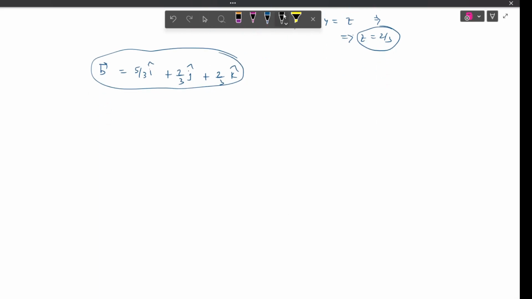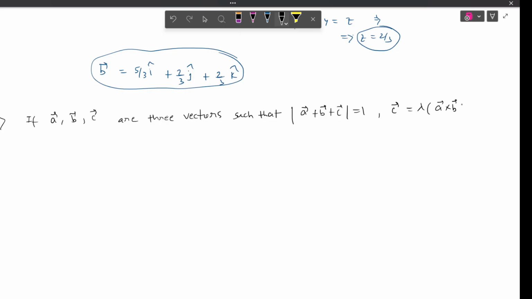Let us say this is our last question. If a vector, b vector, c vector are three vectors such that modulus of a plus b plus c is 1, c vector is lambda into a cross b, modulus of a vector is 1 by root 2, modulus of b vector is 1 by root 3, and modulus of c vector is 1 by root 6.